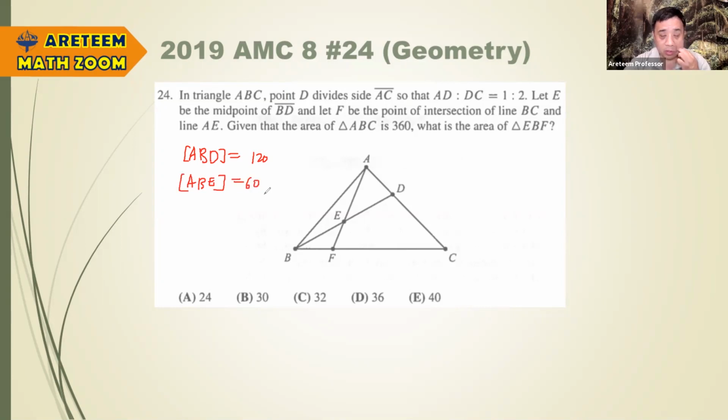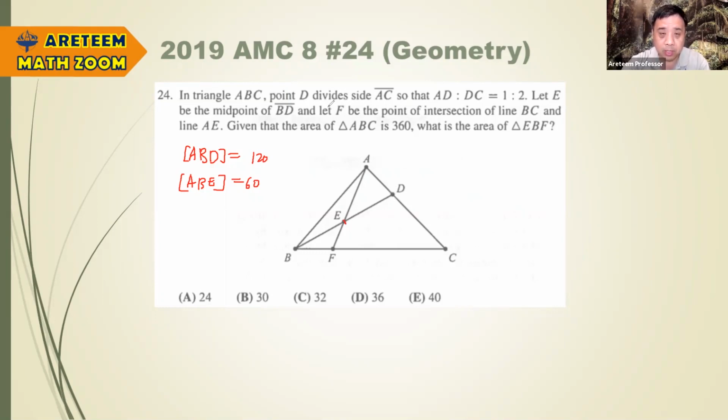Now we need to know what ABF is. If we get ABF and subtract ABE, then we get EBF. But that's not so easy. We know there's a midpoint, so the goal is to find another midpoint, to make the triangle.